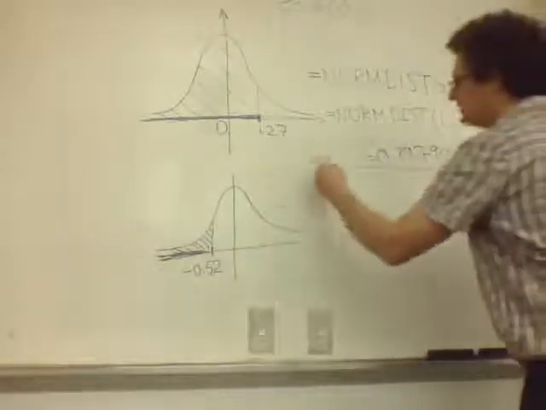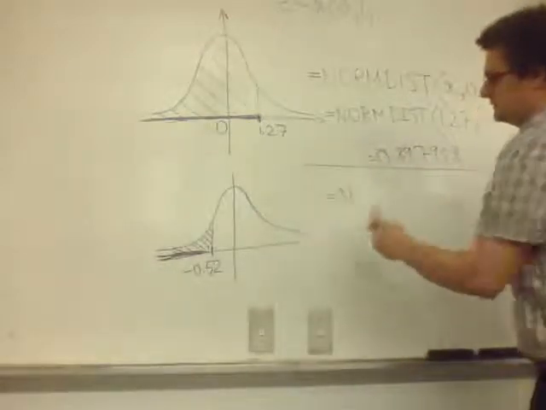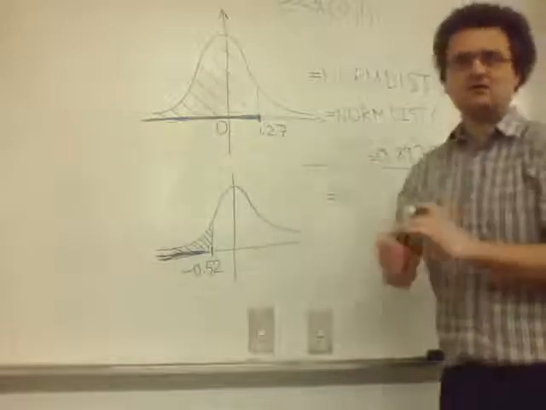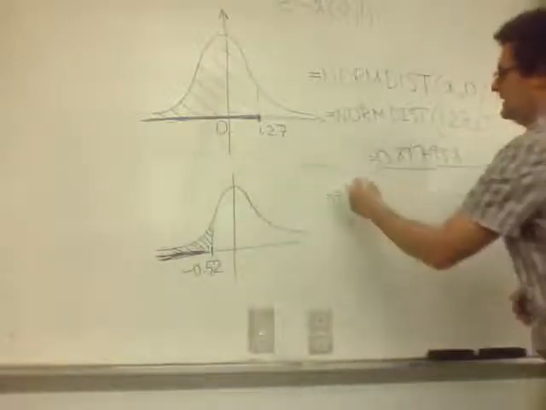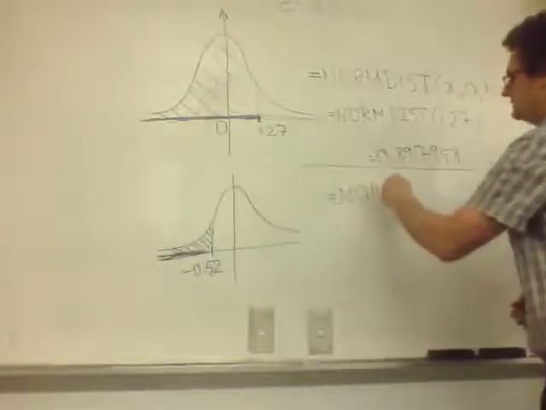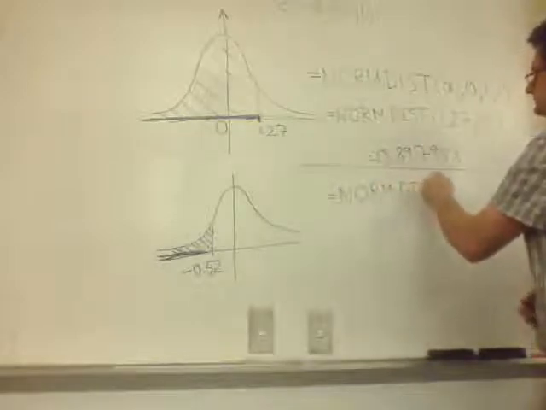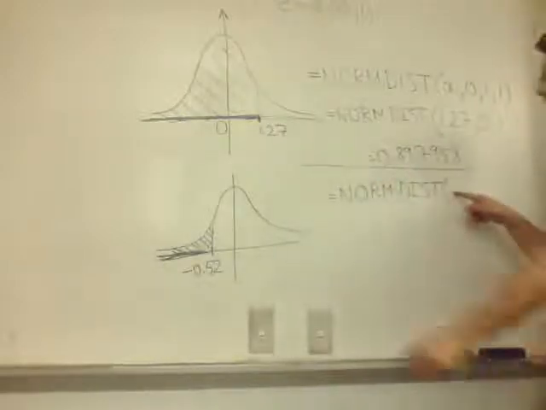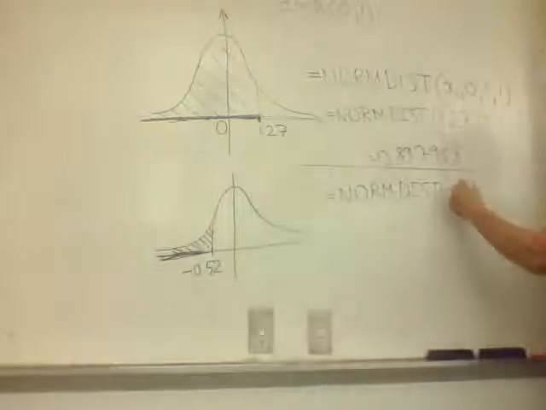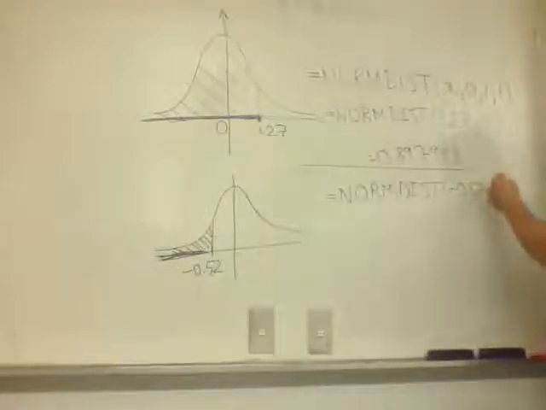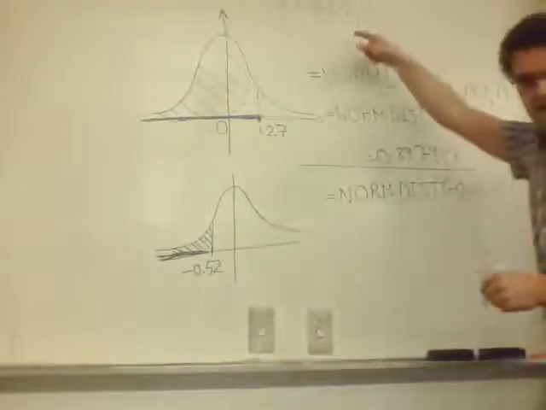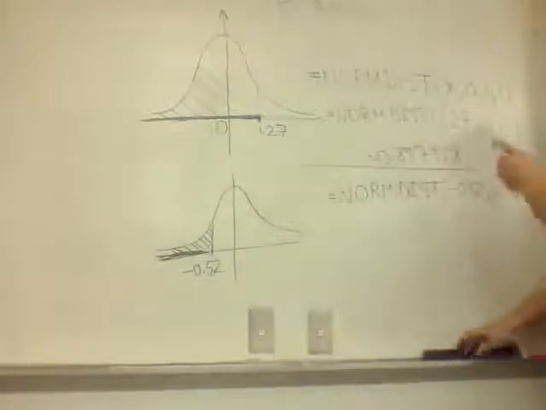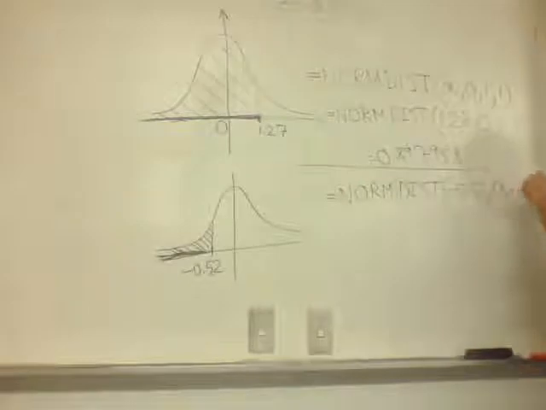And again, you would select a cell in your spreadsheet in Excel and have norm.dist of, and now your x is going to be negative 0.52, 0, because we still have the standard normal distribution, so mean 0, standard deviation 1, and yes, cumulative.